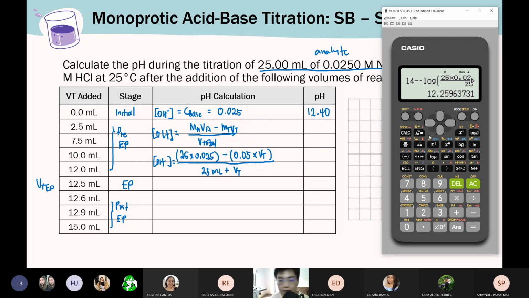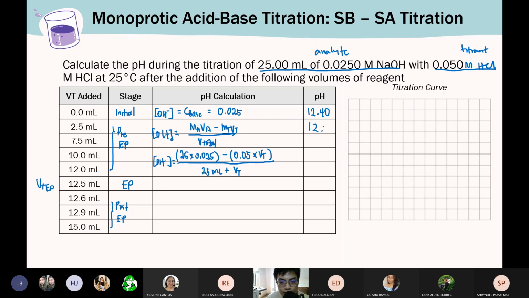So upon addition of 2.5 ml of the titrant, the pH is now 12.26. So got the same answer, 12.26. Okay, ayan. So good. So 12.26. May concern kayo, let me know lang, ha?